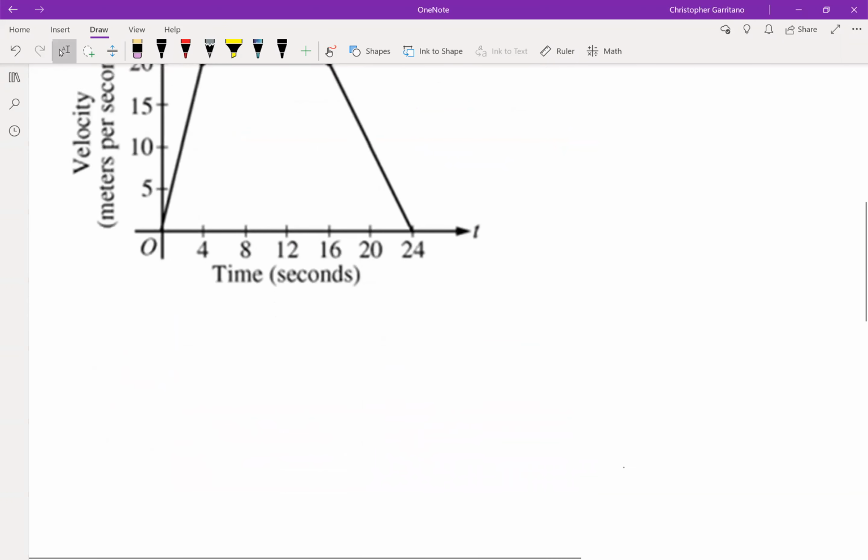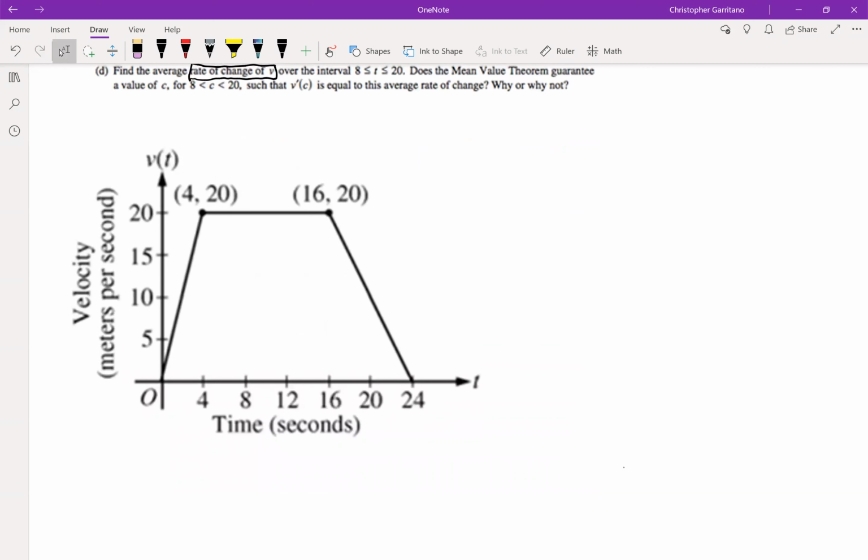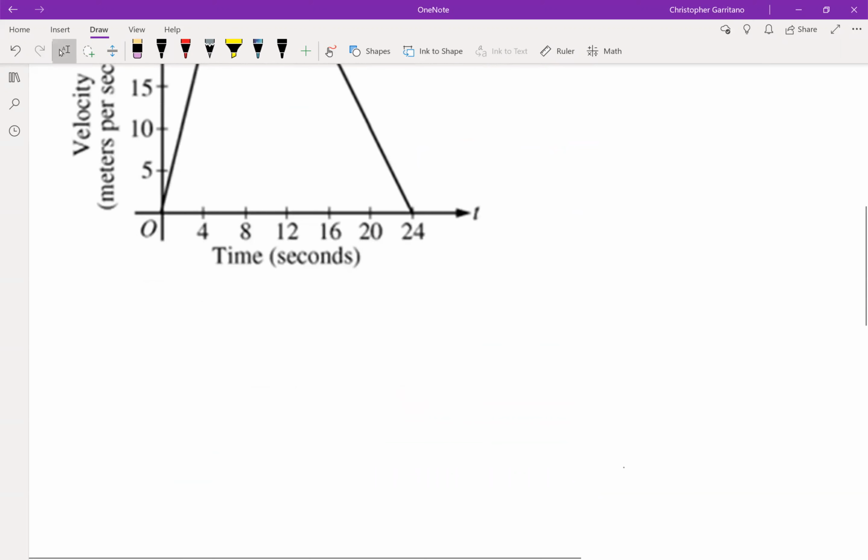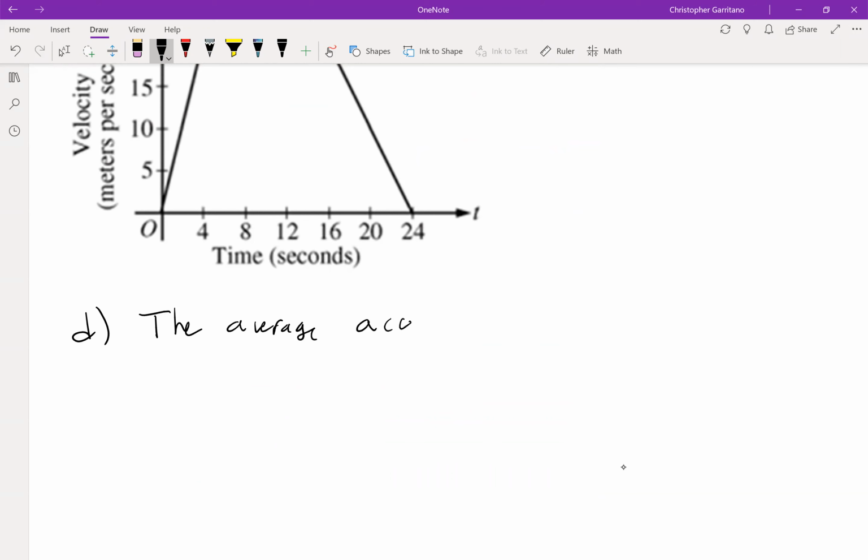So in essence, here's part D, we are interested in the average acceleration from t equals 8 to t equals 20. That's what the first part of the question is asking.